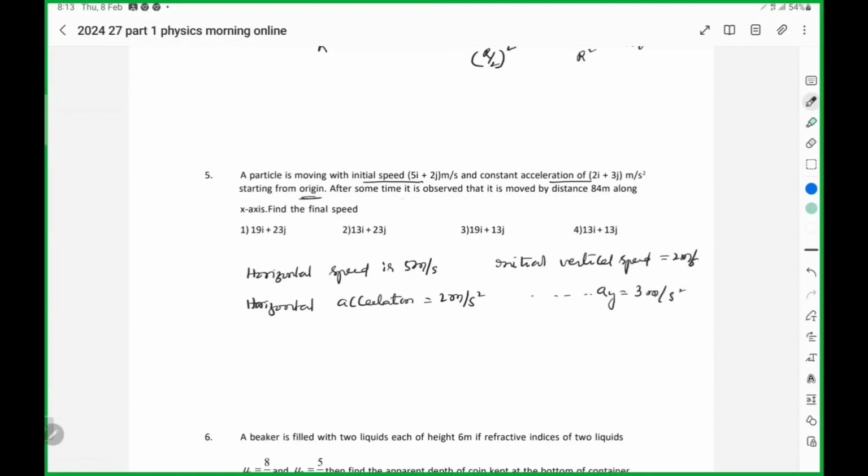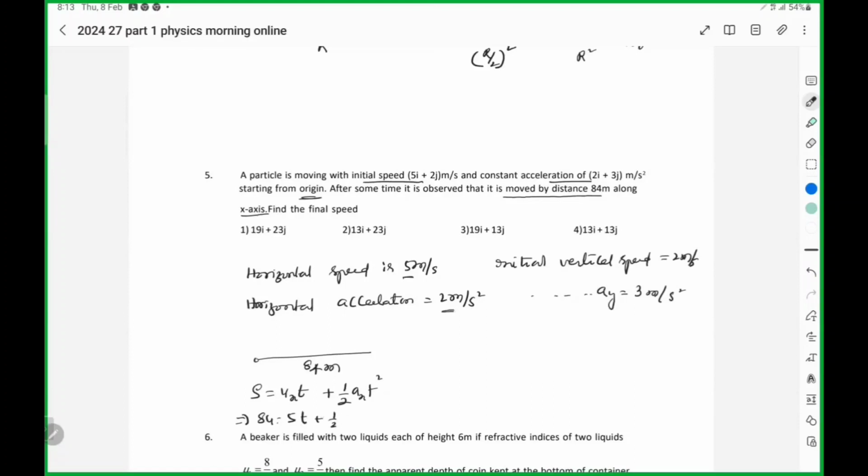After some time, it is observed that it has moved 84 meters along the x-axis. Along the x-axis, the distance covered is 84 meters. You have to take only horizontal components. Horizontal speed initially is 5. Time we don't know.